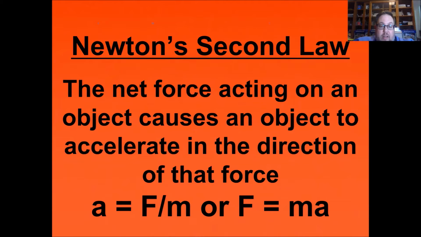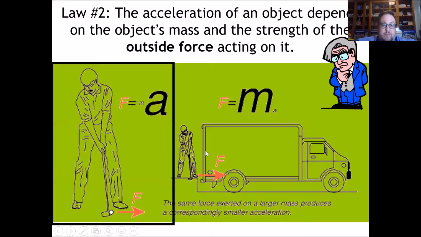So Newton's second law explicitly says that the net force acting on an object causes the object to accelerate, and it accelerates in the direction of that force. So we get the equations here, a equals F over m and F equals ma. Most people are familiar with F equals ma, but it comes from a equals F divided by m. More on that relationship later.